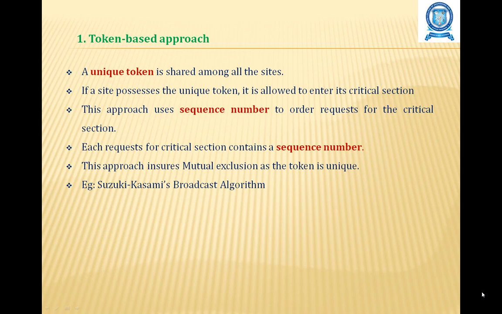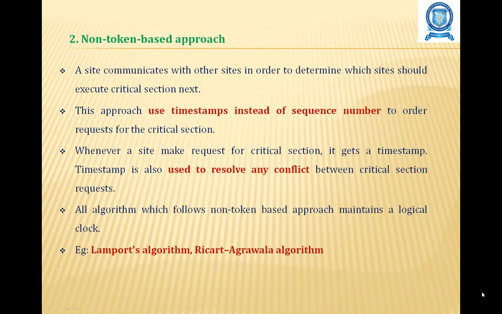Each request contains a sequence number, which is used to differentiate old and current requests. This approach ensures mutual exclusion as the token is unique. An example of this approach is the Suzuki-Kasami broadcast algorithm.